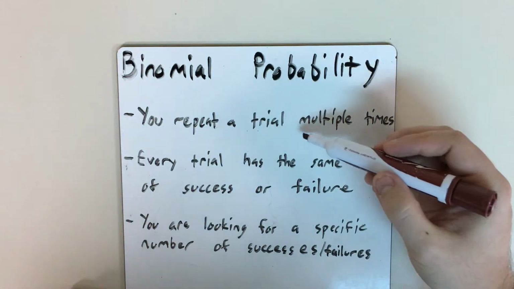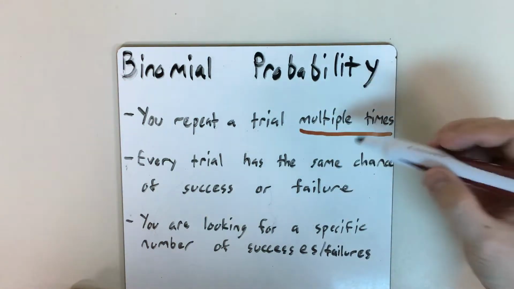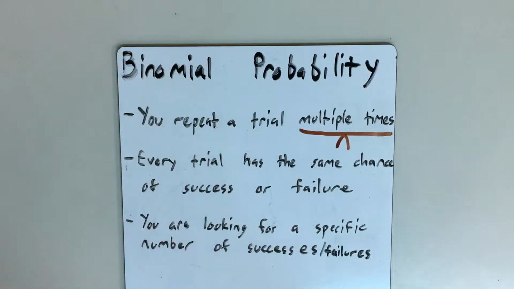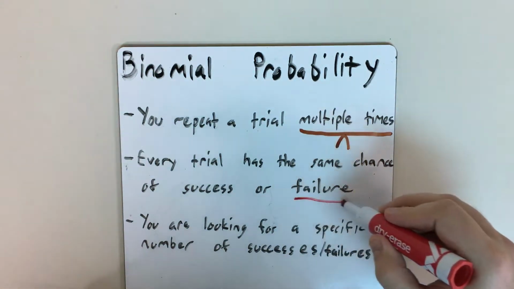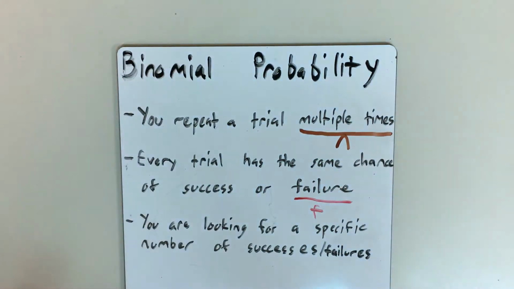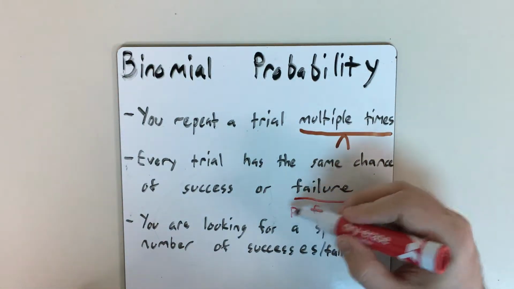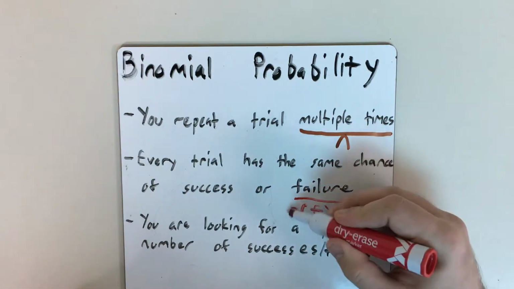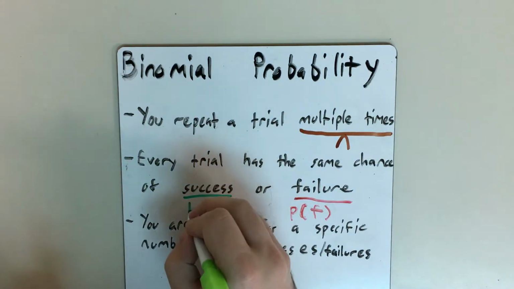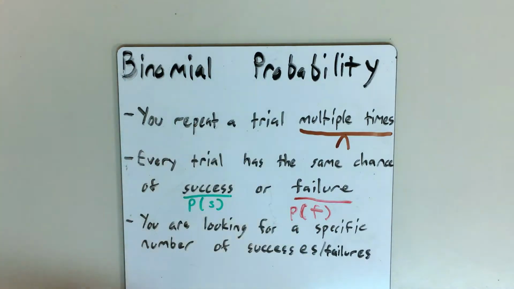So first, if you repeat a trial multiple times, whatever number of times you're doing that, you're going to call that n. If your trials have the same chance every time of success or failure, I'm going to give these two names. I'm going to call the probability of failure P of F. And then here, the probability of success, I would call P of S, probability of success.